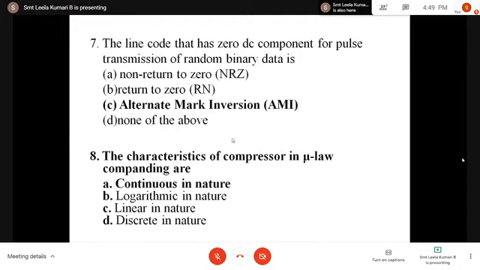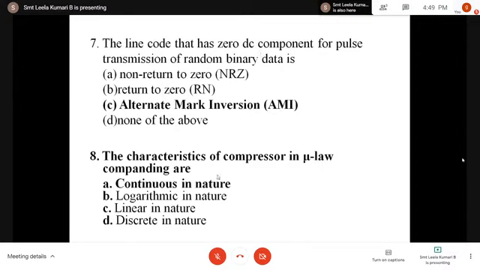Therefore there will be a cancellation, so the total DC component becomes 0. So in alternate mark inversion, the DC component for pulse transmission of random binary data is 0.